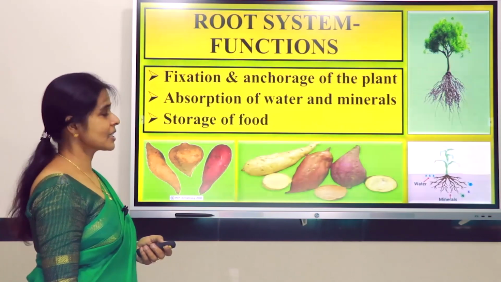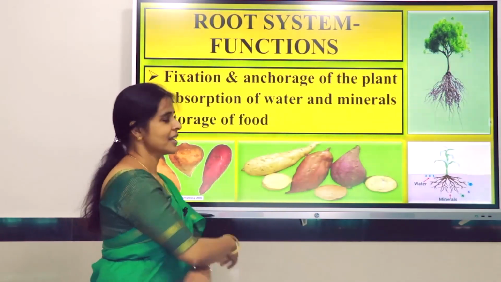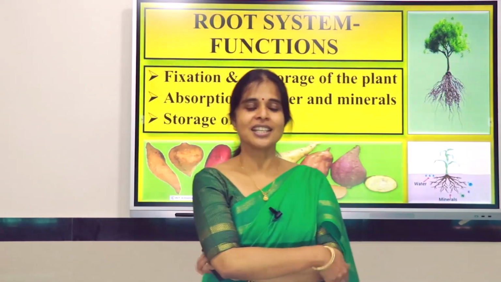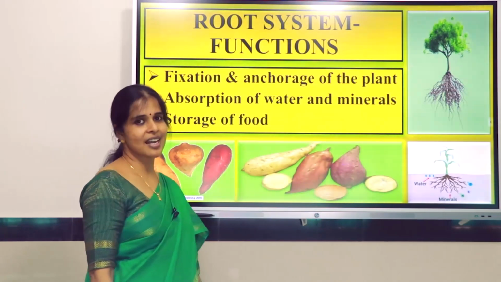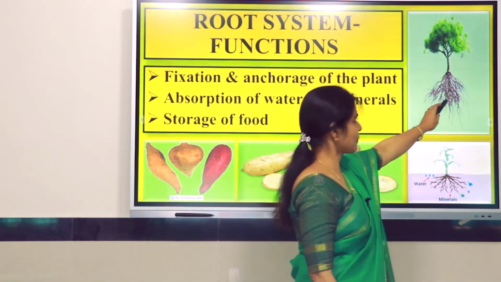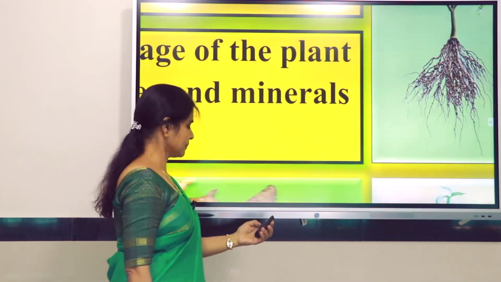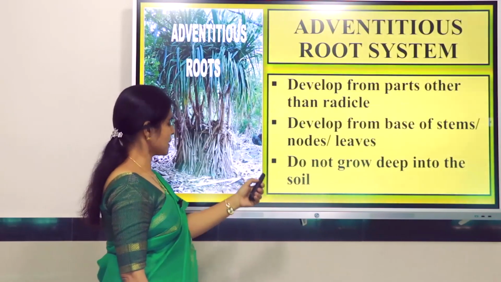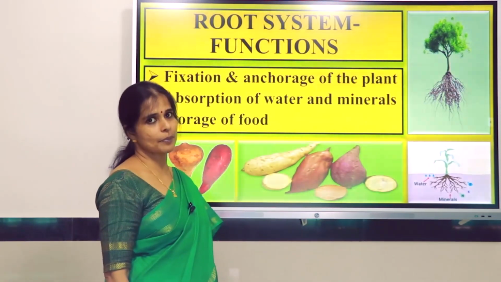Now, when it comes to the functions, what are the functions of the roots? Simple, quite common functions which we all know: fixation and anchorage of the plant. If a proper root system is present, that helps for the fixation and anchorage of the plant.